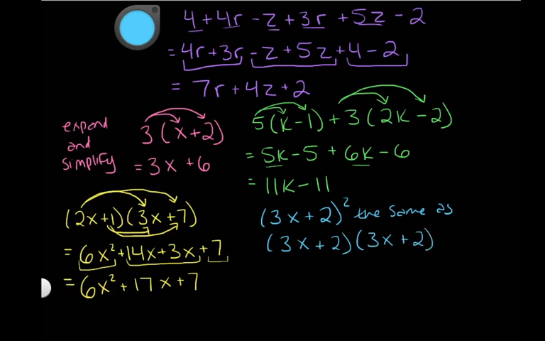So you may want to rewrite the question. I prefer to rewrite the question like this. That way I can make sure that I multiply each term in the first bracket by each term in the second bracket. So these things are the same.